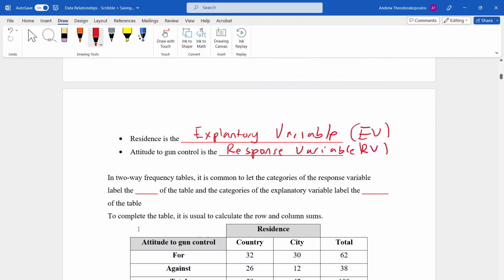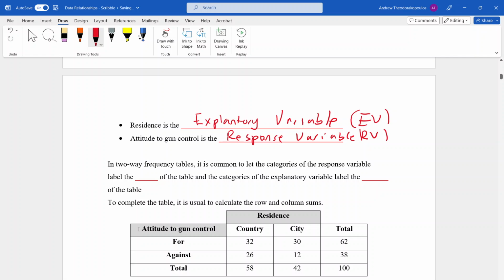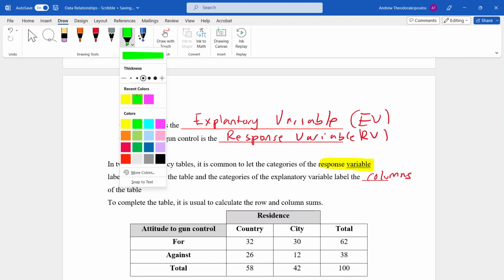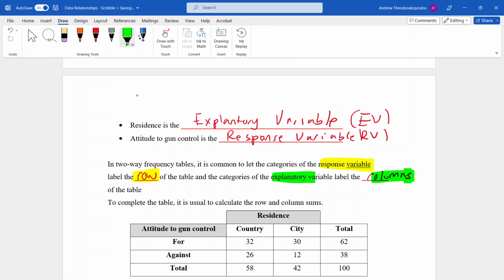So in two-way frequency tables, it's common to let the categories of the response variable label the rows. Okay, so let's highlight that. The response variable in rows, and the categories of the explanatory variable label the columns. So the columns for the explanatory variable. And as you can see here in this table below, the rows are the response variable.